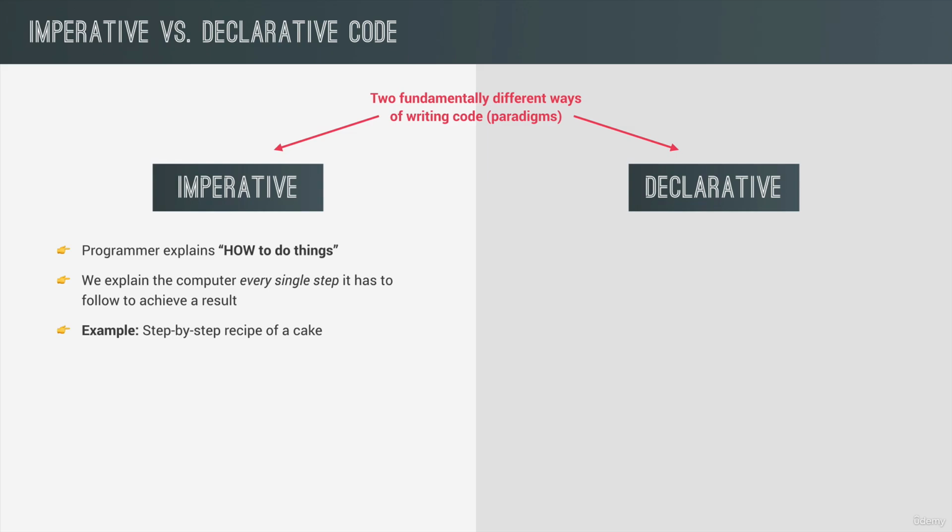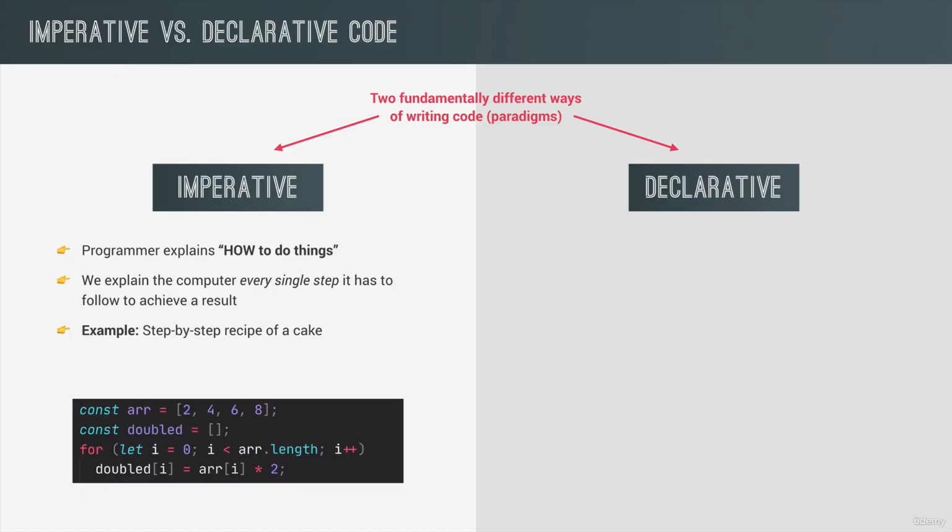And now bringing that back into code, here in this code example, we are trying to double the array. And so this loop that I have here is a purely imperative way of writing that.